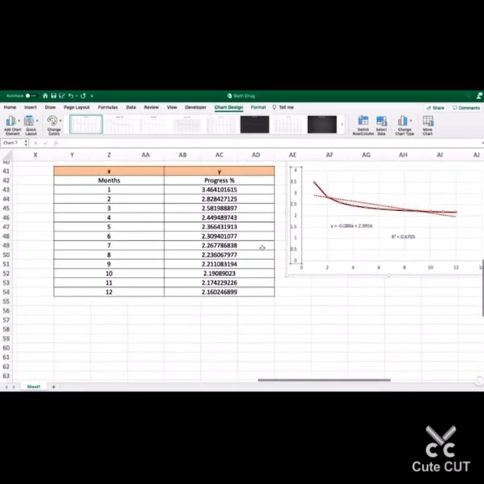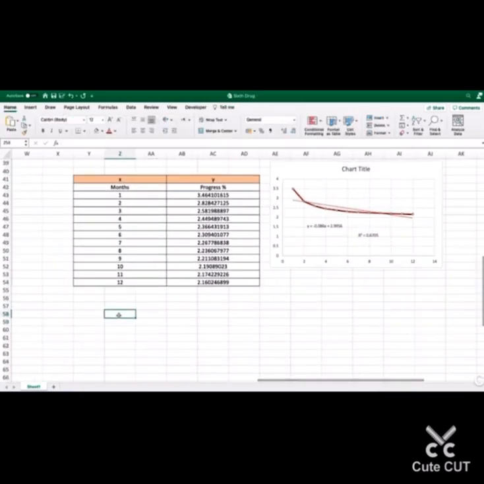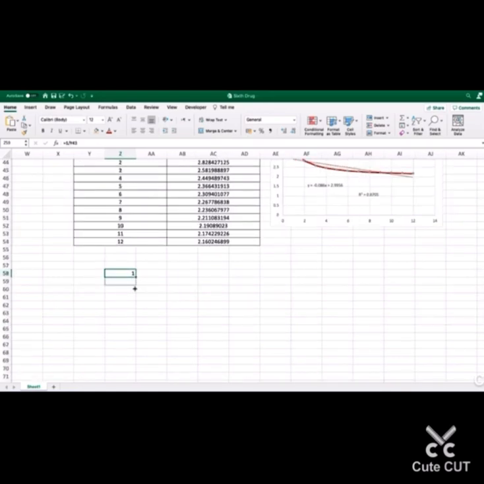How about if we take this data and, for example, for X, I take the reciprocal. In this case, it will be 1 over this cell, X, and then I repeat the process all along.